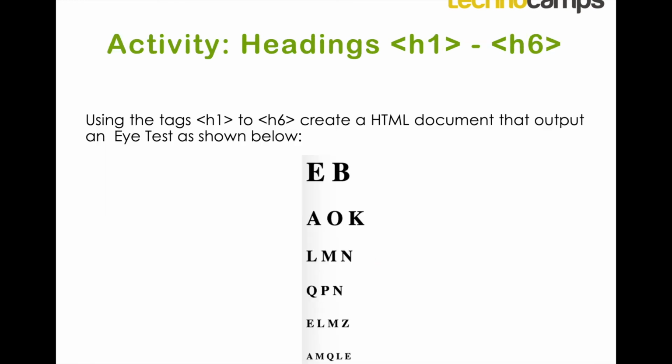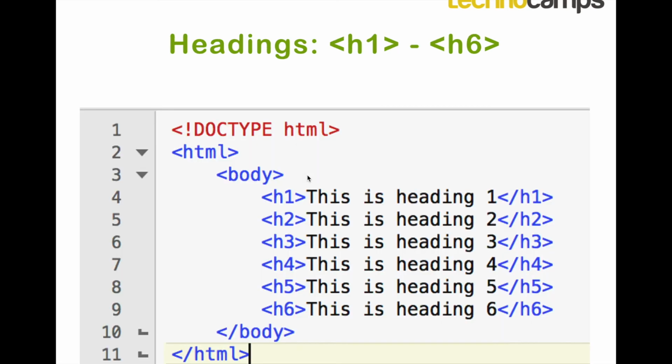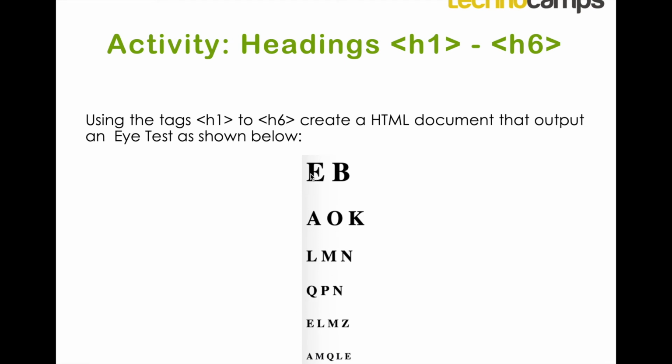I would like you to create your very own program. So using H1 to H6 tags, I want you to create your very own, which looks like this. So you may want to pause the video now and try it yourself.